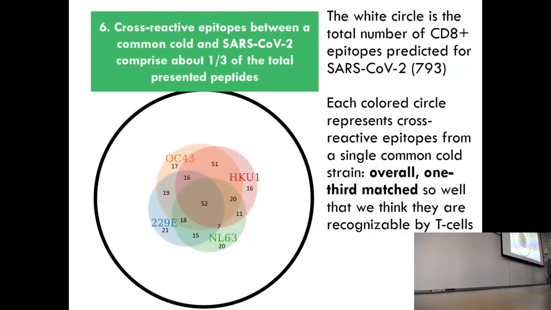This is how it all overlaps. So these are the 4 different common colds that are coronaviruses. And you have the Venn diagram. There's actually 52 peptides of all the peptides you can make. There's 793 predicted peptides, but almost 10% of them actually overlap with all 4 common colds.